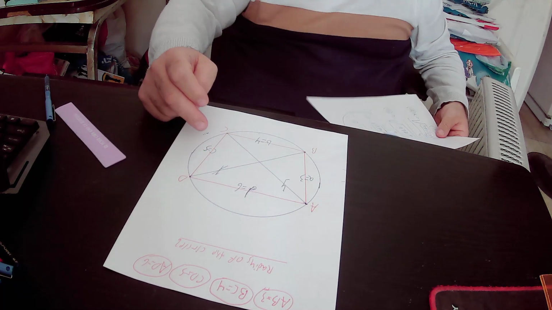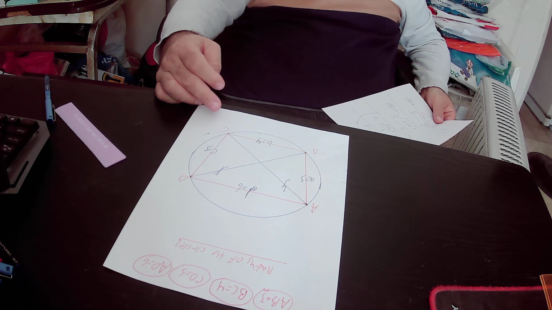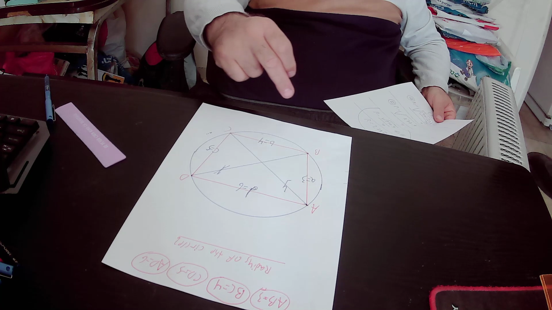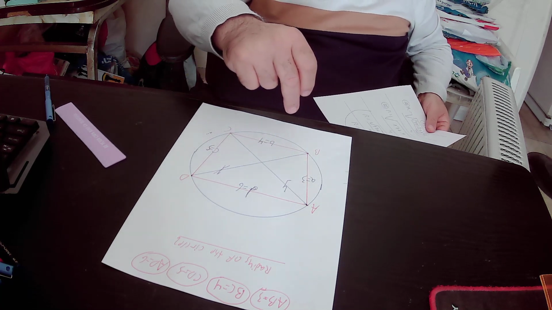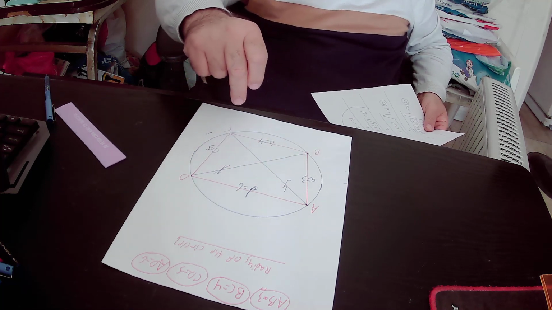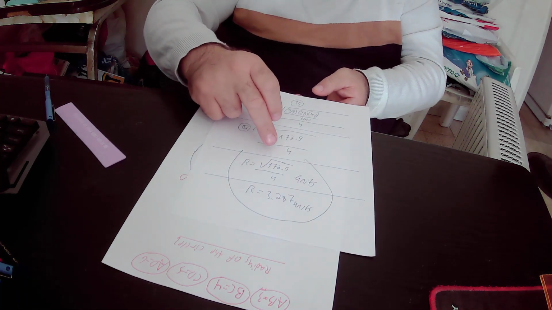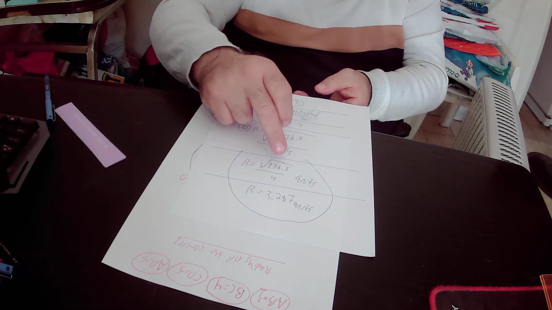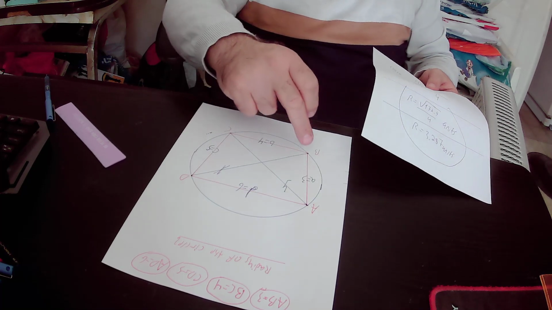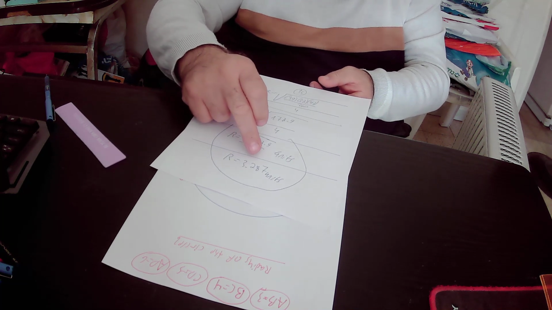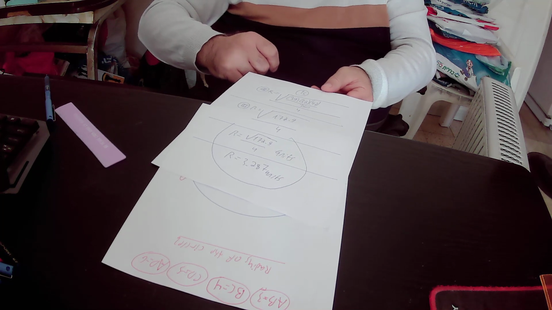So we have here two forms of the same answer: the radius of this circle will be equal to either the root of 172.9 over 4 units, or in terms of numbers, 3.287 units. Okay? Thank you very much.